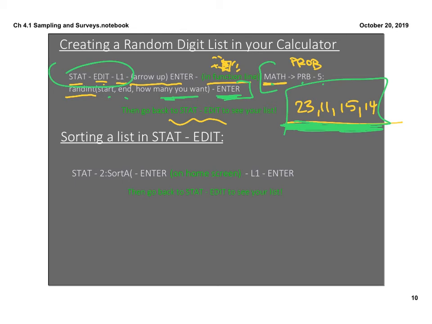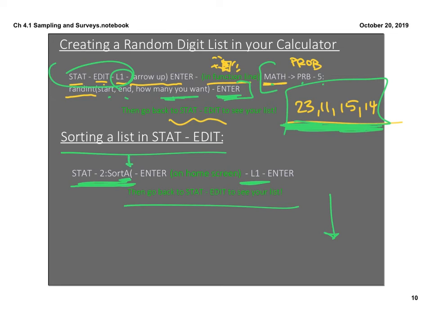If you want to sort that list so that it's easier to see them, it's not so hard when you're only doing 4, but sometimes you want to sort your data. We did this very briefly when we talked about box and whisker plots, but you can go to stat, go to option 2, and then enter L1 or wherever you put your data, and then it's going to sort them from least to greatest.